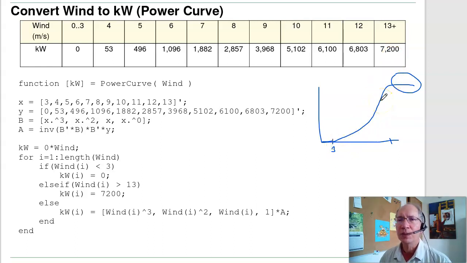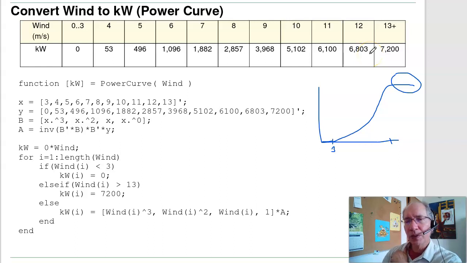If you go to Vestas's website, you can find the power curve for this wind turbine. So at a couple different points, there's the energy it produces, and above 13 meters per second, it's a constant 7.2 megawatts. So let's come up with a function. I'll pass the wind speed, and it returns the kilowatts, following this curve.